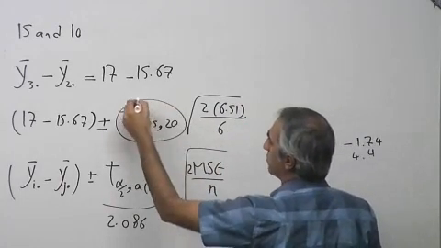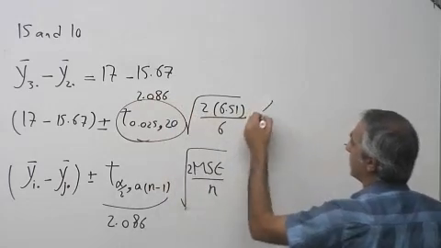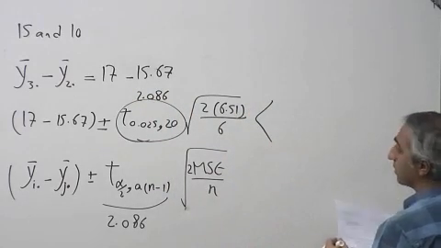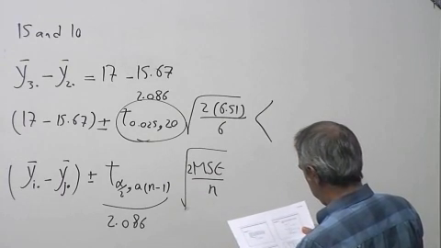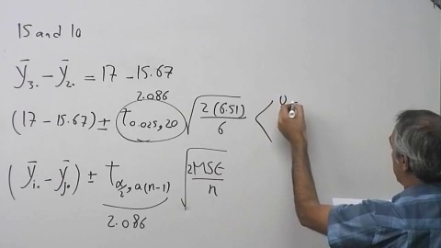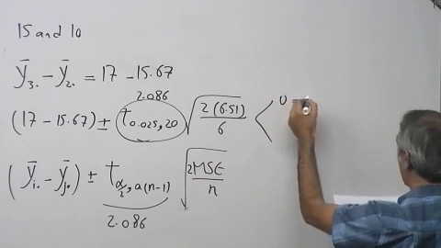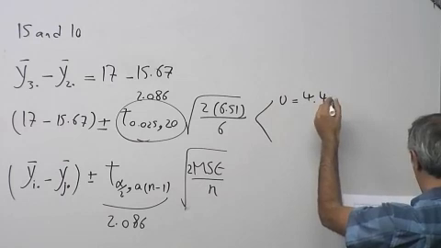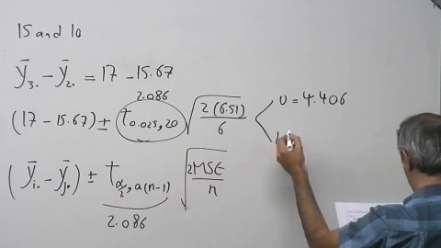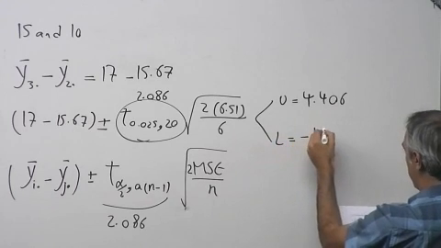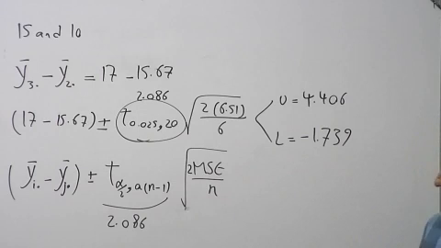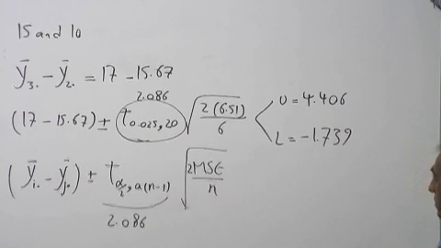This number is 2.086, and it gives you for the upper bound 4.406, and for the lower bound minus 1.739. Okay?